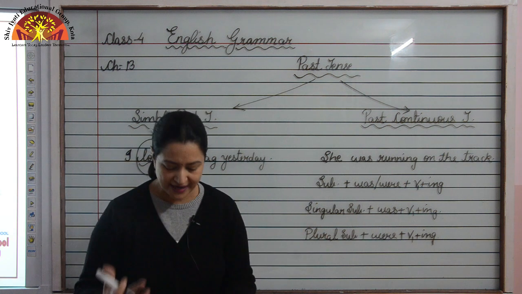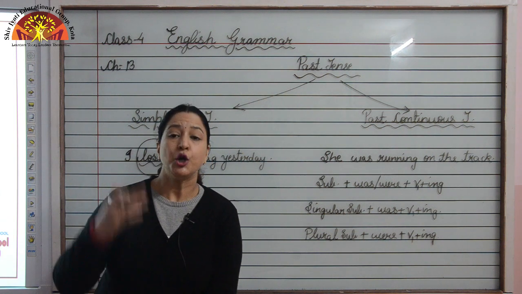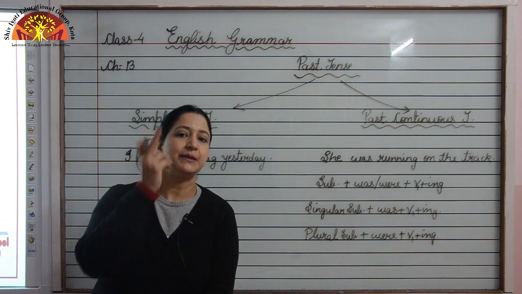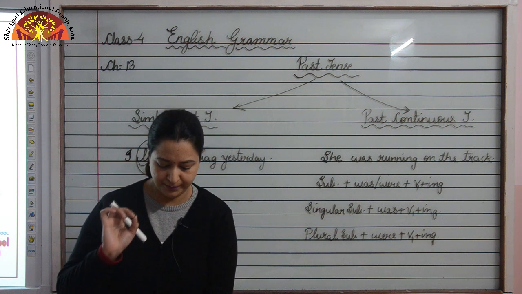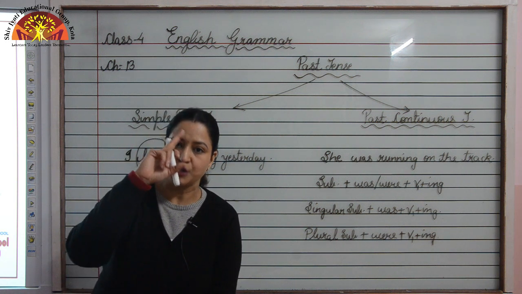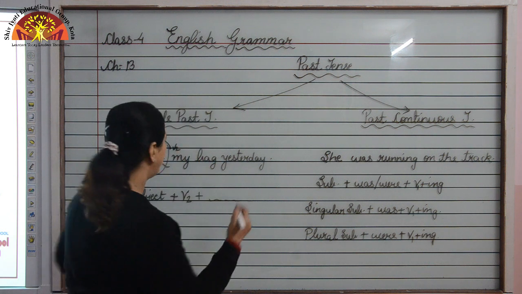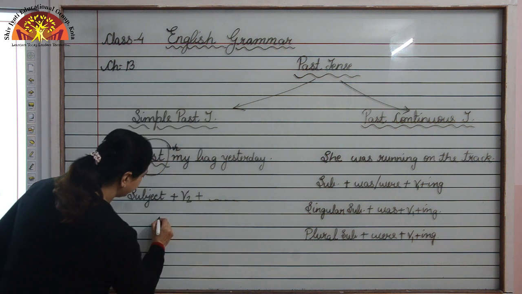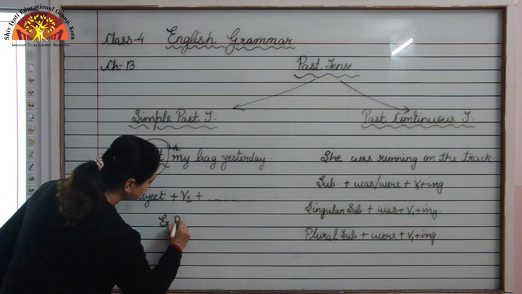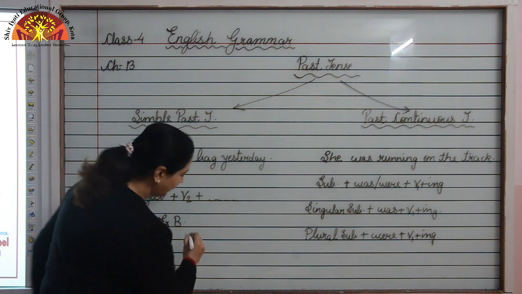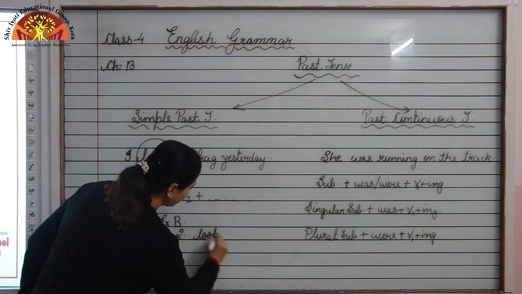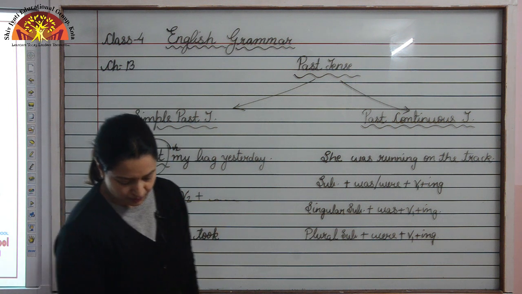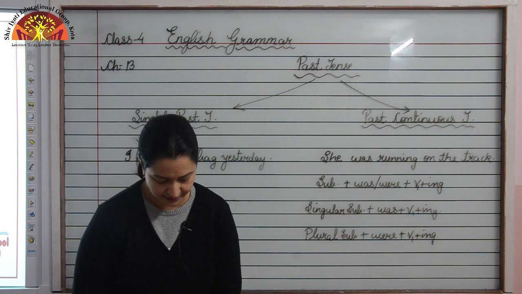So what we can write here? My father took. Now took is the simple past of take. So my father took me to a movie last week. Okay, so exercise B, number 2, it is took.